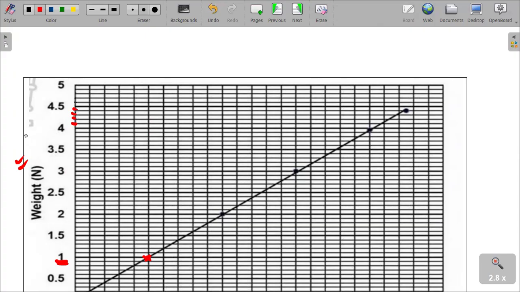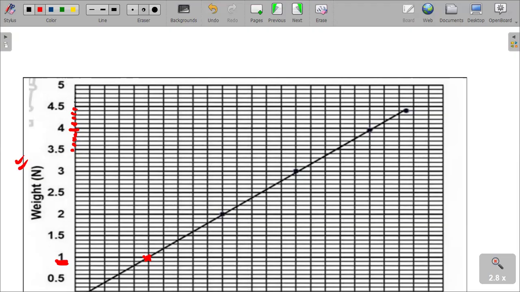We have 3.5, 3.6, 3.7, 3.8, 3.9, so each line is just representing 0.1 Newton.